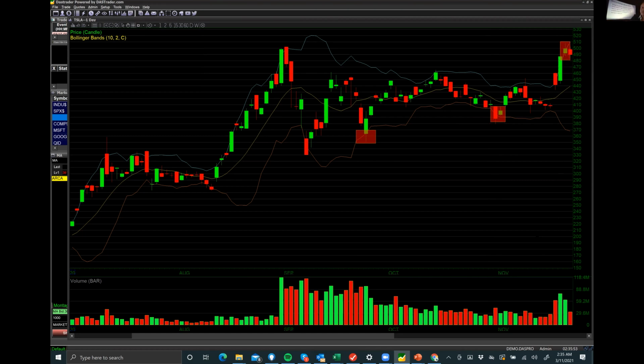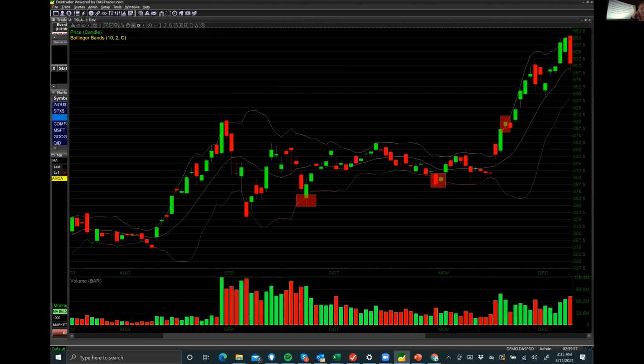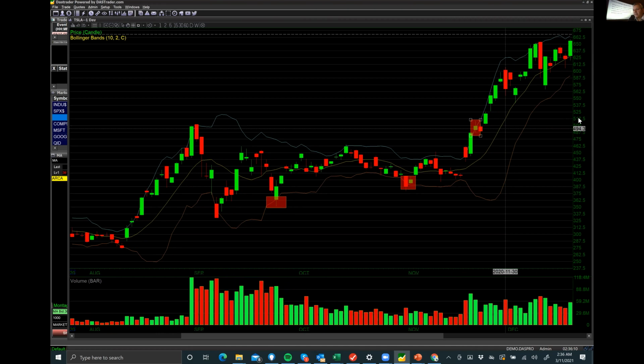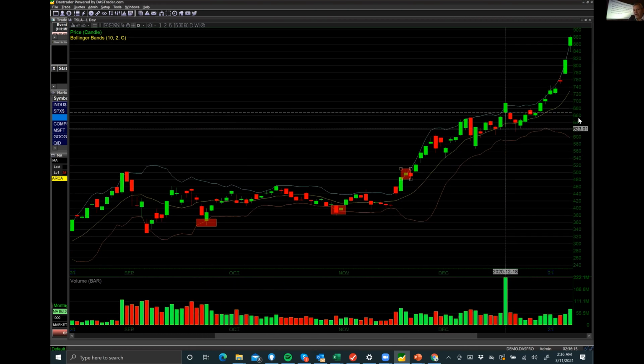Now, look, I mean, in this instance, okay, you would start to see, and you maybe would not have sold here because the middle line never got violated. Okay, it's riding the middle line.